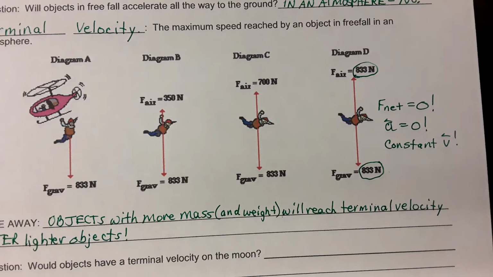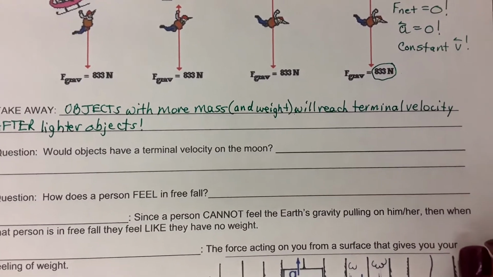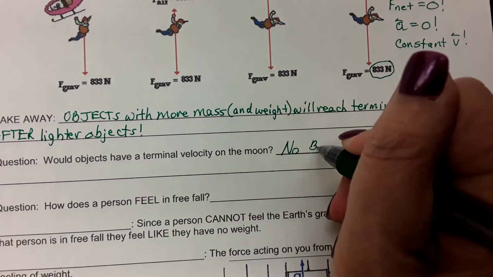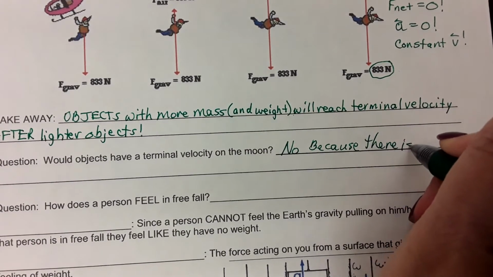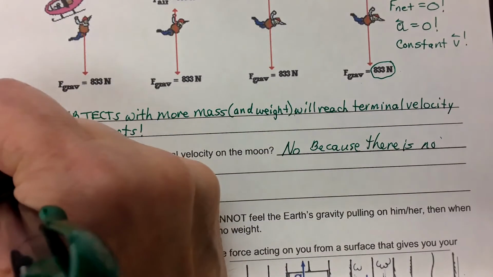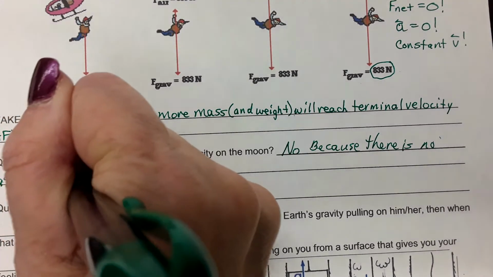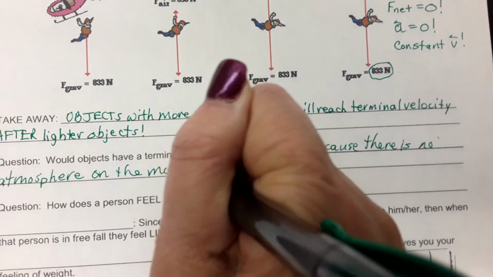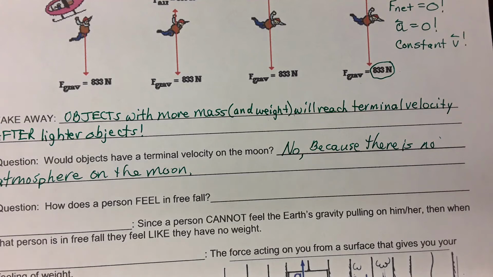Okay? Now, here's a good question. Would objects have a terminal velocity on the moon? No. Because there is no atmosphere on the moon. And since there's no atmosphere, guys, there's nothing to impede the acceleration.